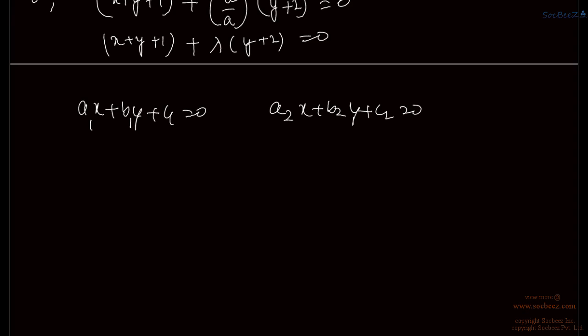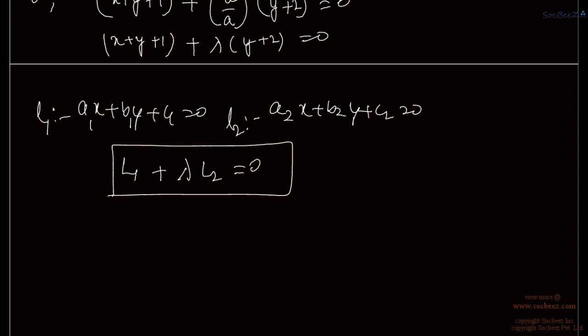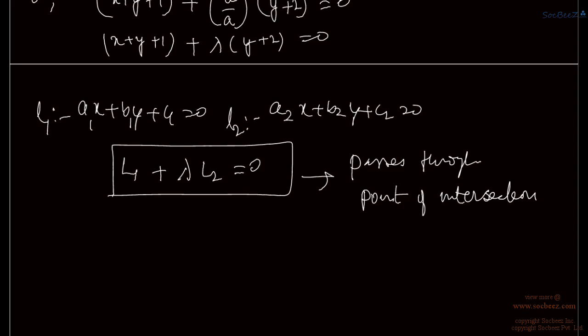Then the line passing through the intersection point of these lines can be written in the form: say this line is L1 and this line is L2, L1 plus lambda L2, for some varying constant lambda, L1 plus lambda L2 equal to 0. Okay. So this equation must pass through the point of intersection of L1 and L2.